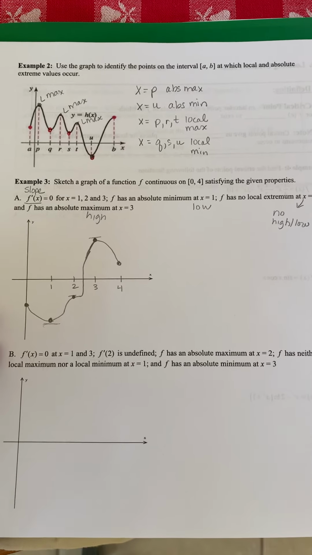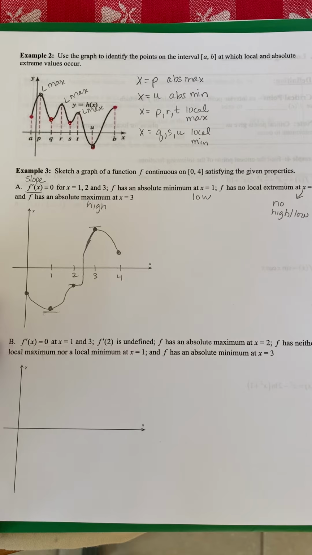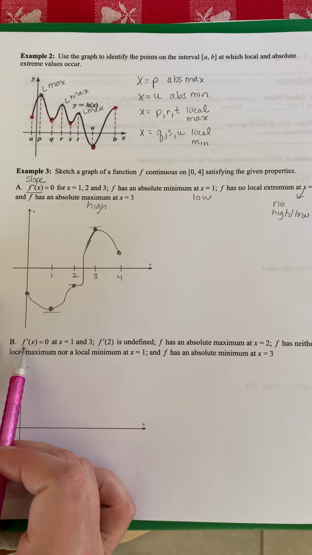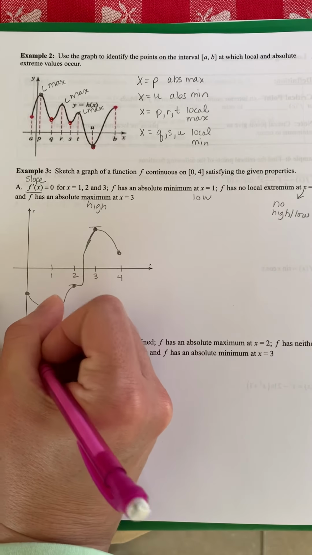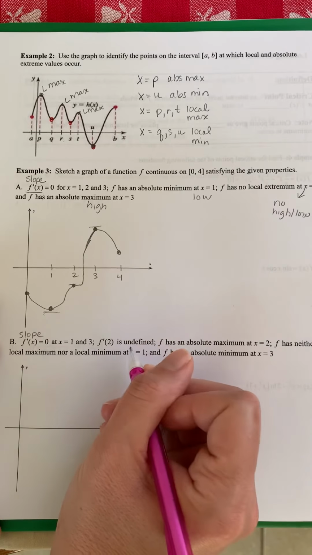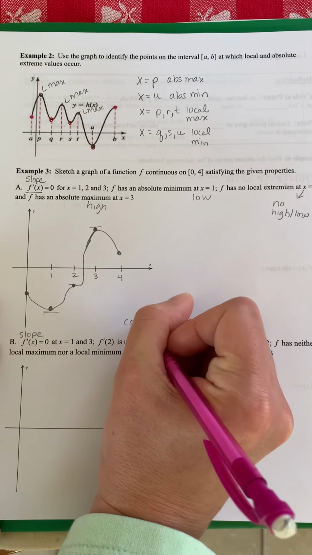All right, so let's now take a look at example B for number 3. On this one, we have that the derivative, which again is the slope, is 0 at 1 and 3. We know that the derivative at 2 is undefined, so maybe make a corner here.